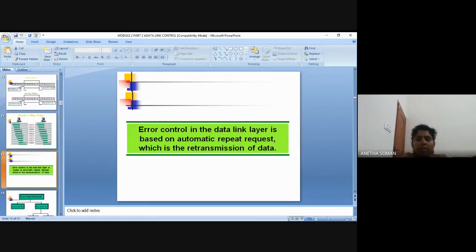Whenever a frame is damaged or lost, this type of protocol allows the receiver to inform the sender about the lost or damaged frame. So a retransmission of frames takes place, and that you can call automatic repeat request.